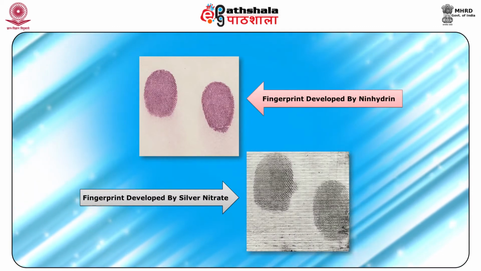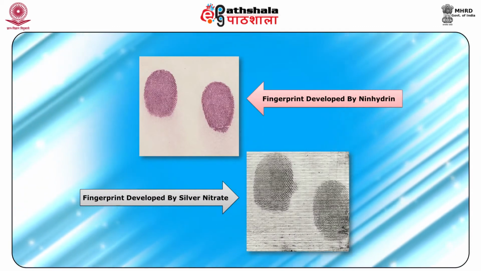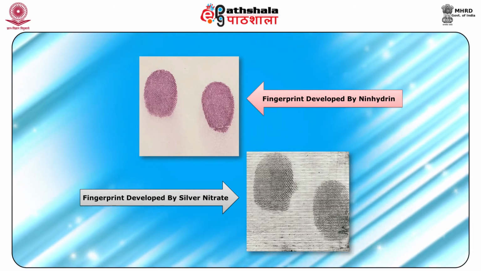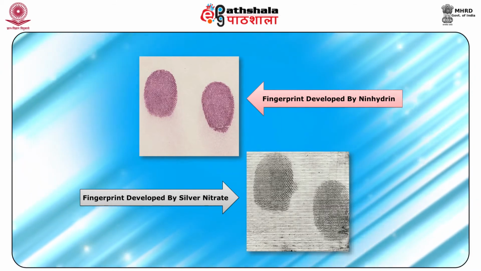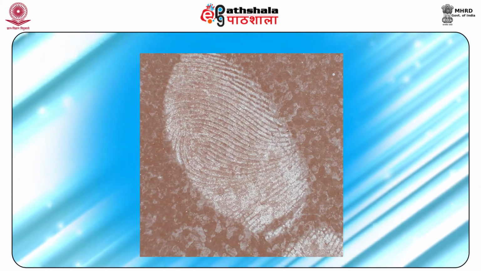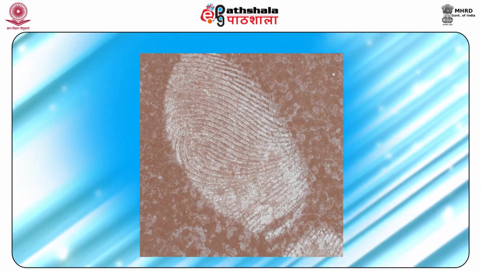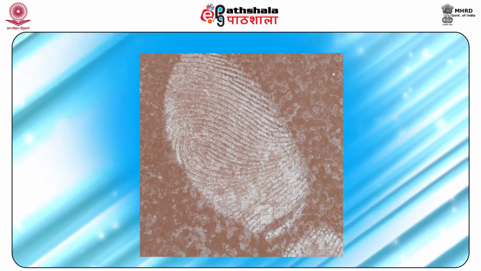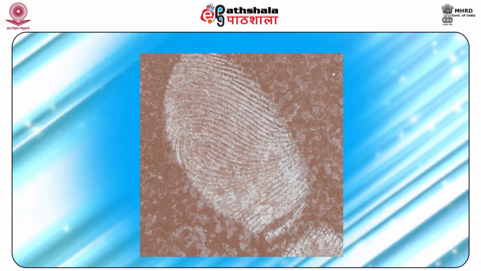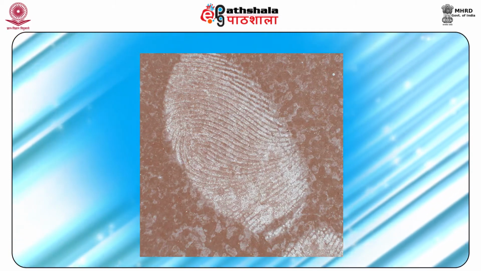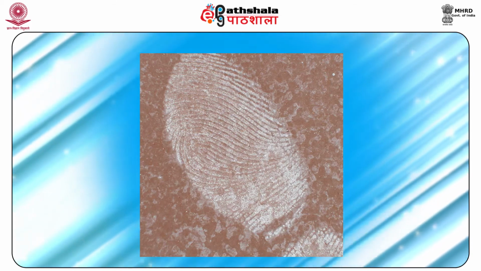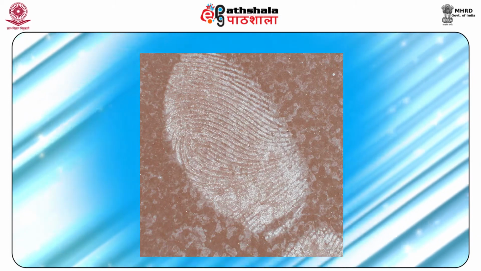Chemicals like ninhydrin, which reacts with amino acids, and silver nitrate, which reacts with sodium chloride, are effective reagents for visualizing this water-soluble portion of the residue. However, an eccrine-rich latent print that is exposed to water most likely will not be recovered with these methods. That is why, before the introduction of physical developer in the 1970s, there was no reliable method for recovering prints from water-soaked documents.